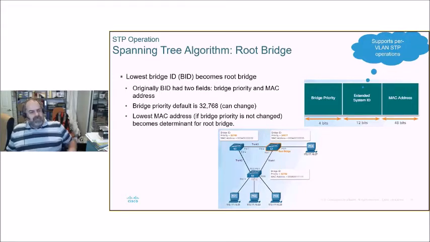Now, leaving it to the default, you may end up with a non-ideal solution. And so you can actually change the bridge priority so that you can manipulate that. And so you would normally have your core switch be the root bridge, because that's typically where most traffic will go.